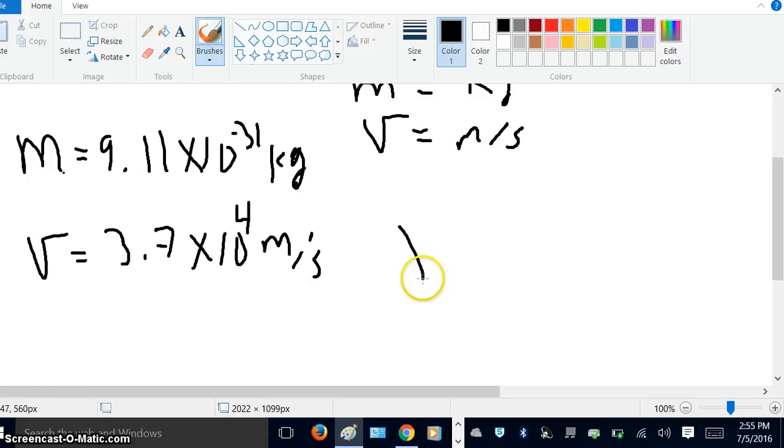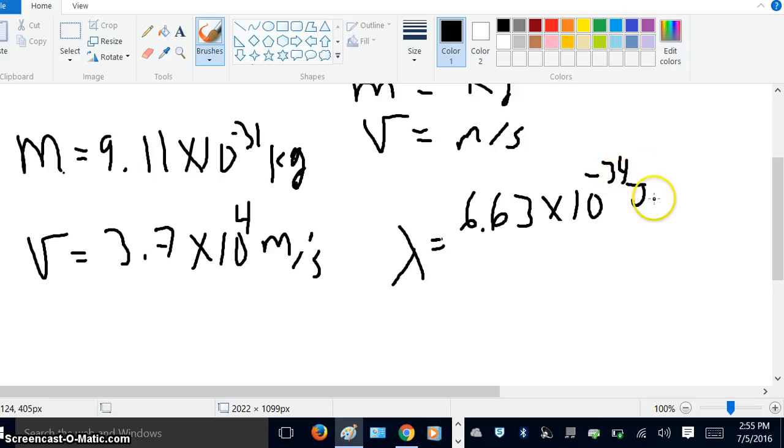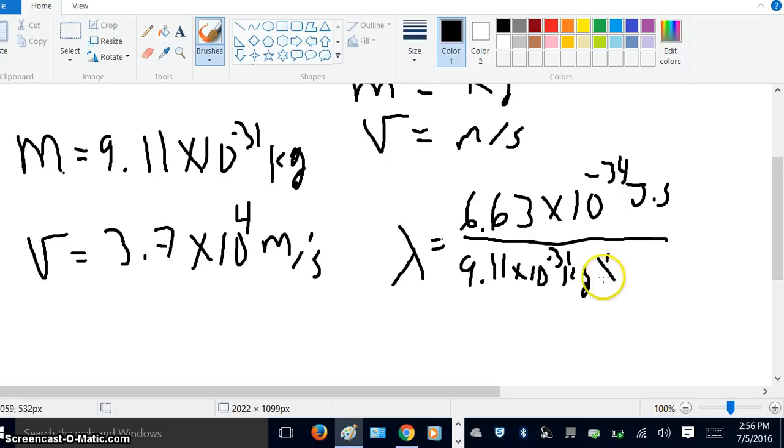All right, so here we go. So you just put the numbers in, right? So it's 6.63, sorry, wrong constant. 6.63 times 10 to the minus 34th joules times seconds divided by our mass, which is 9.11 times 10 to the minus 31st kilograms, and we multiply that times the velocity that I made up, so it's 3.7 times 10 to the 4th.